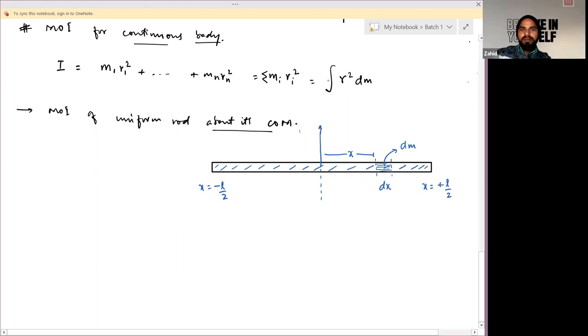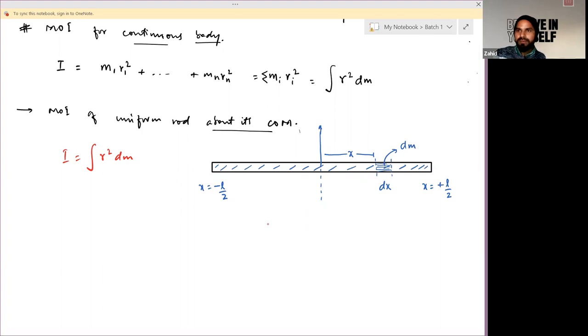Since we have to apply moment of inertia I equals integration of r square dm, which is the formula for a continuous body, that's why I have taken a small strip dm having width dx. In center of mass, I defined for you the distribution of mass.